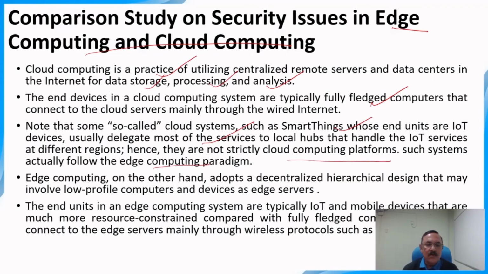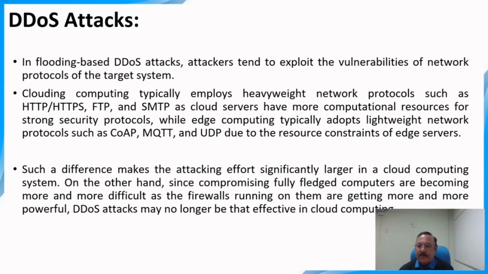Such systems are now edge computing systems. Edge, on the other hand, adopts a decentralized hierarchical design that may involve low profile devices and computers as the edge servers. The end units in an edge computing system are typically IoT and mobile devices, and they are much more resource constrained compared to the fully fledged computers, and they are connected with Wi-Fi and 4G.